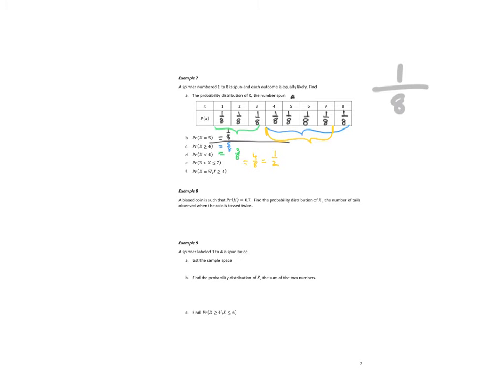The final one there is x is equal to 5 given x is greater than or equal to 4. So that's my conditional probability. Remember, the probability of A given B is equal to the probability of A intersection B over the probability of B.